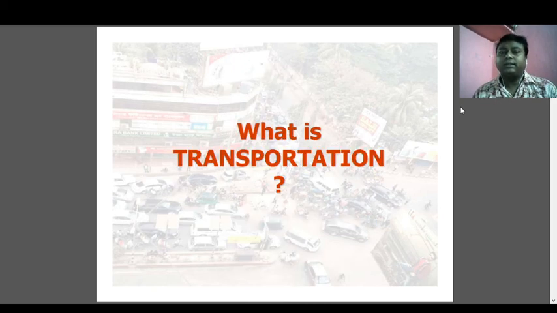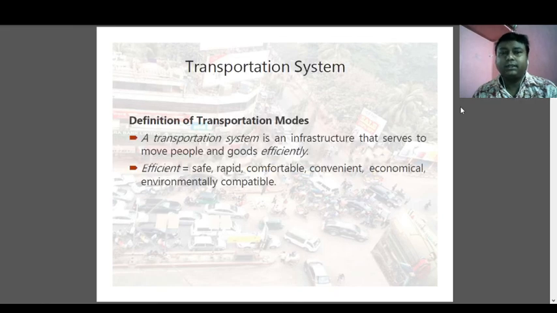First we need to know what transportation is. This has already been discussed in your first lecture, the introduction to the transportation system, but still, what is a transportation system? The transportation system is an infrastructure that serves to move people and goods efficiently. So keep in mind that the movement of people and goods with efficiency is known as the transportation system.